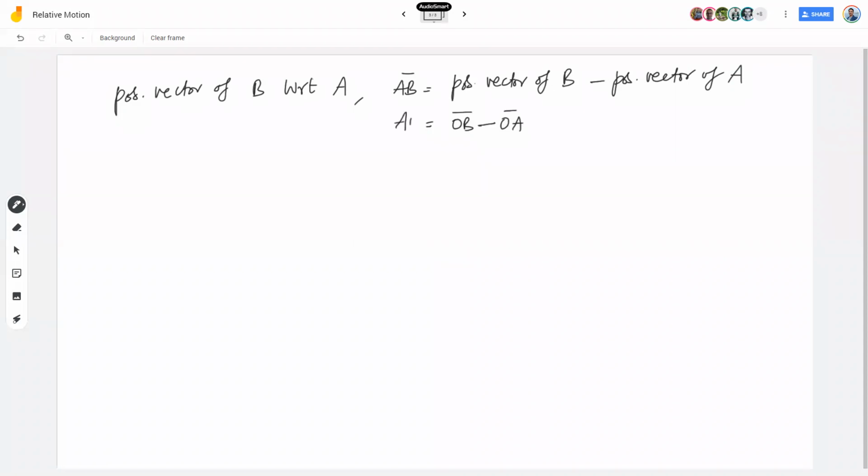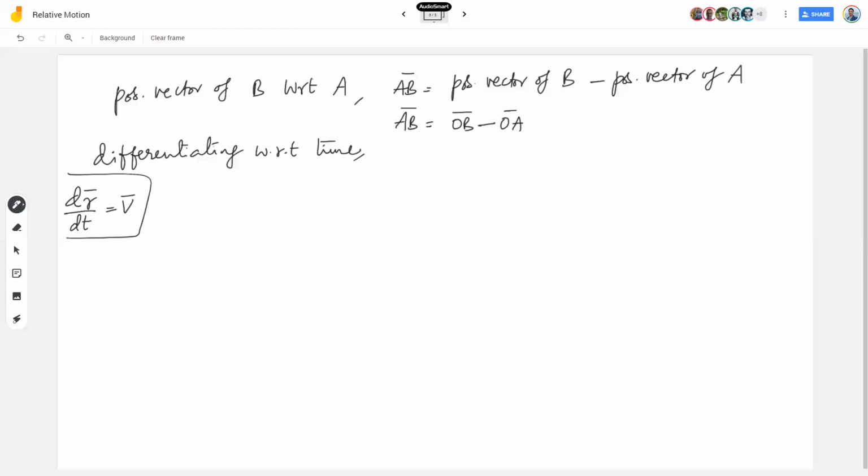Okay, AB bar is equal to OB bar minus OA bar. That equation, if I differentiate the whole expression with respect to time: if R bar is a position, the derivative of R bar with respect to time is nothing but V bar, the velocity vector. Rate of change of position is nothing but the velocity vector.